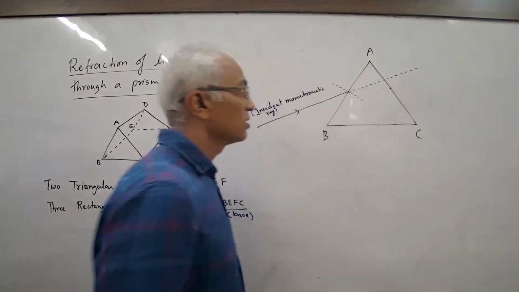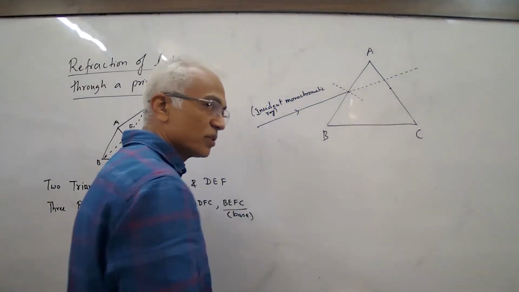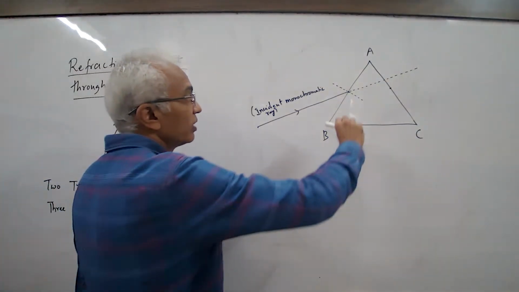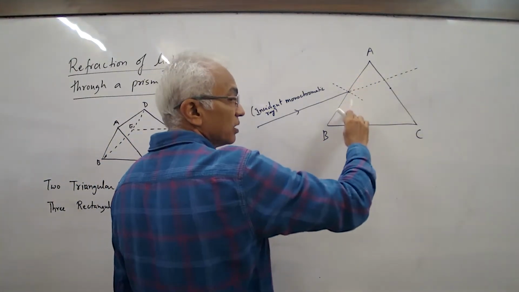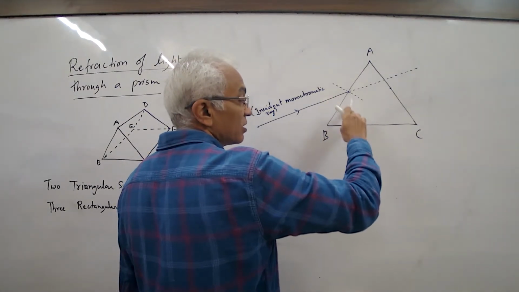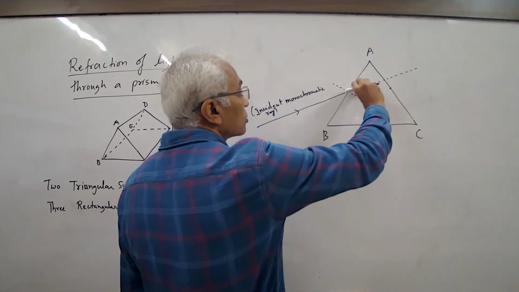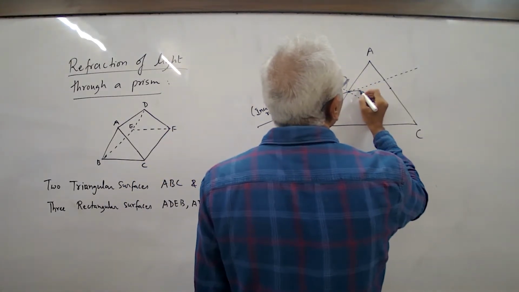It was traveling in this direction. But what happens once it enters the glass prism? It should bend towards the normal, like this. Correct? It is a denser medium. So when it is entering from rarer to denser, it will slow down. It will bend towards the normal. It becomes like this.